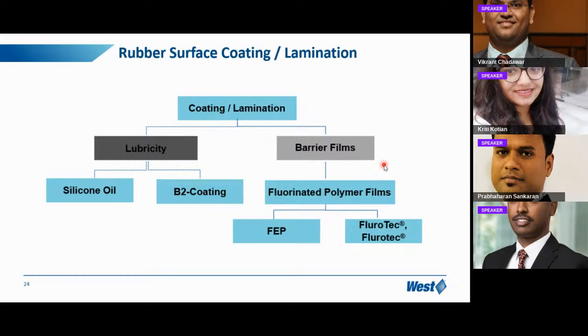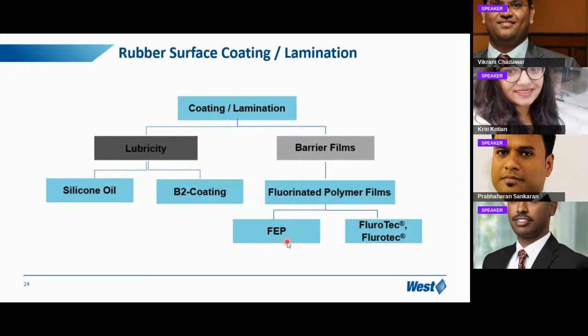If your drug is very sensitive to these rubber stoppers, we put a barrier film on top of these stoppers. Those films are generally fluorinated polymer films. There are two different films we have, FEP or Fluorotec. These are the two different films we generally provide in a barrier version. FEP stands for fluorinated ethylene propylene.